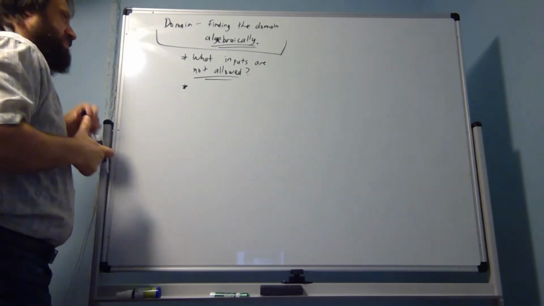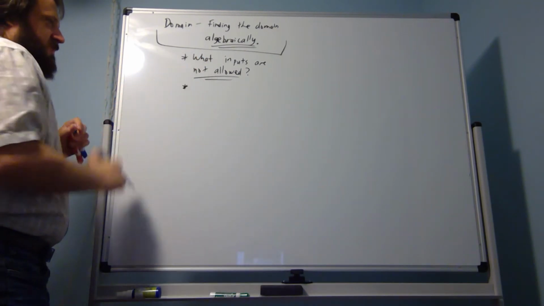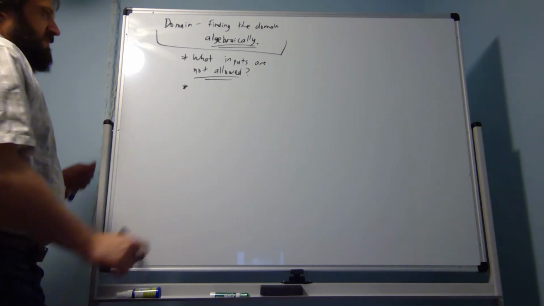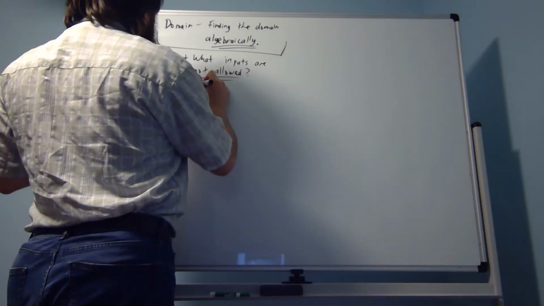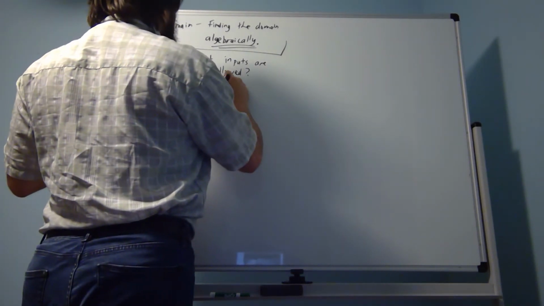One way of thinking about it that's usually good is you cross out all the regions that are not allowed, and then the domain is everything else. So once you get out of the bad numbers, everything else is the domain.